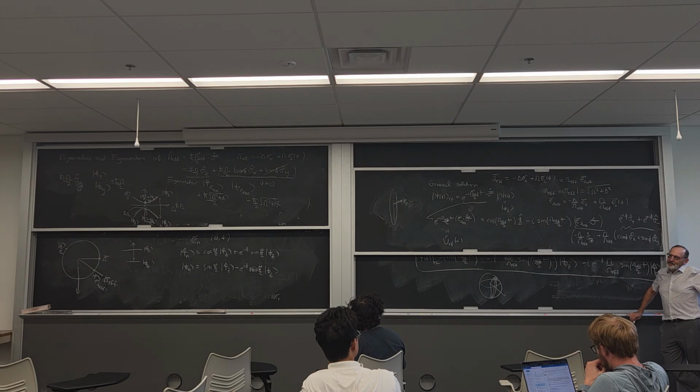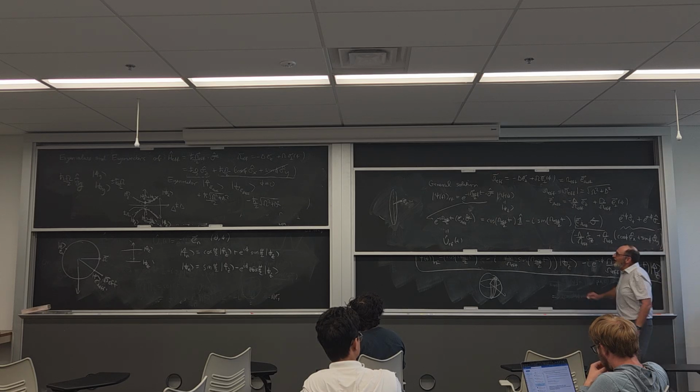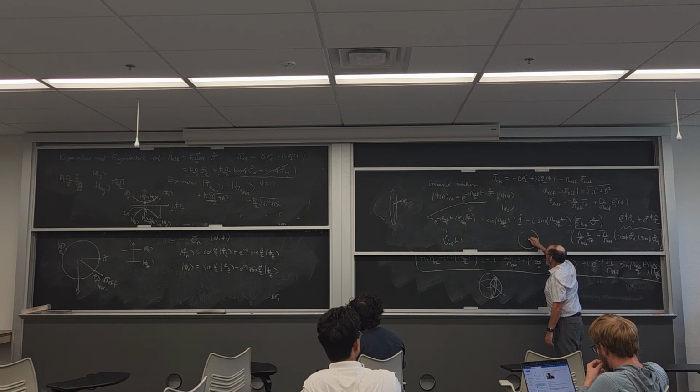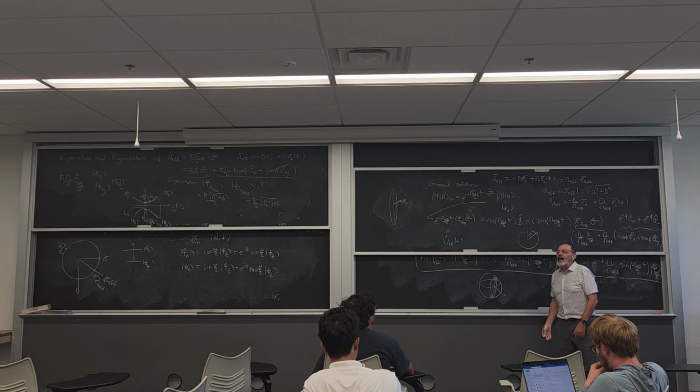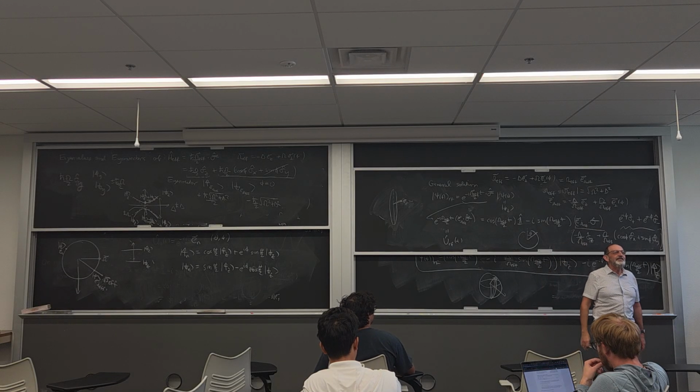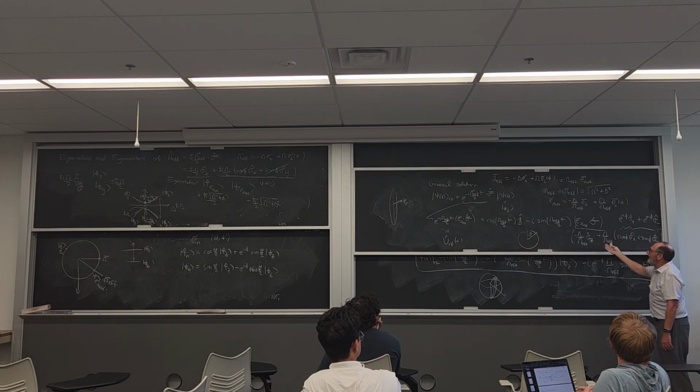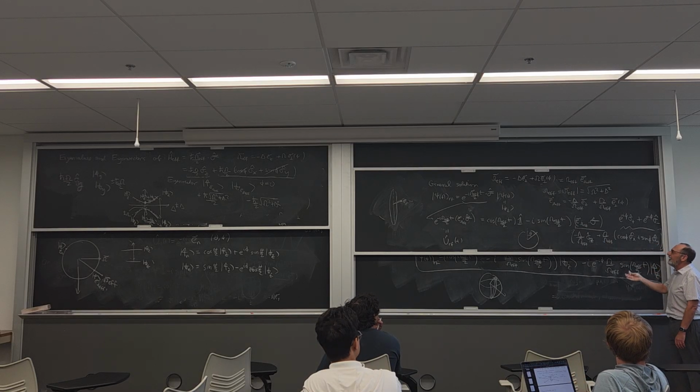I need to know what are the polar angles that define that direction. So I've got to do a little geometry, right? If I have a vector pointing in some direction, it has a theta, which is related to its z component, and it has a phi. So what is theta here?